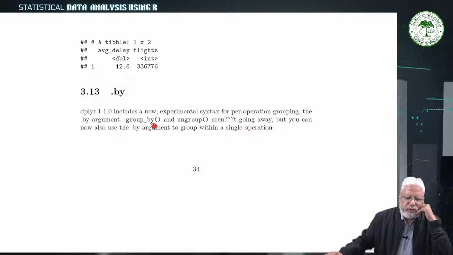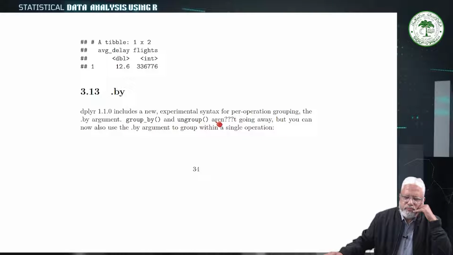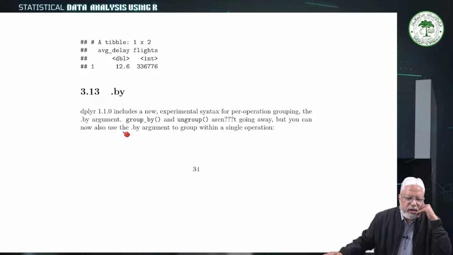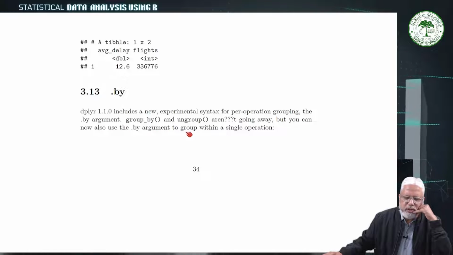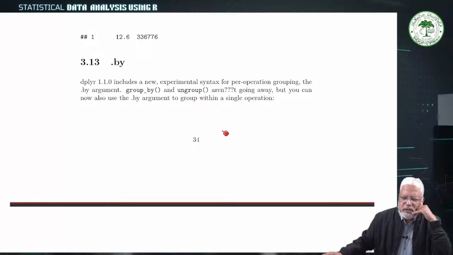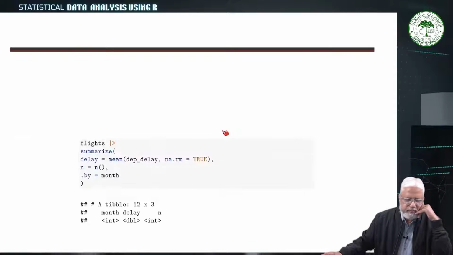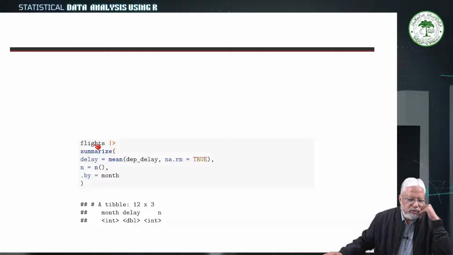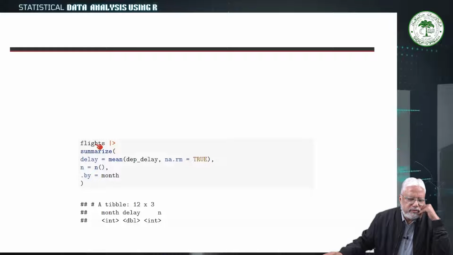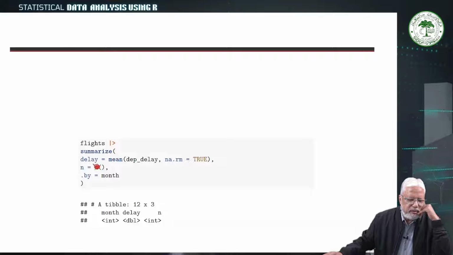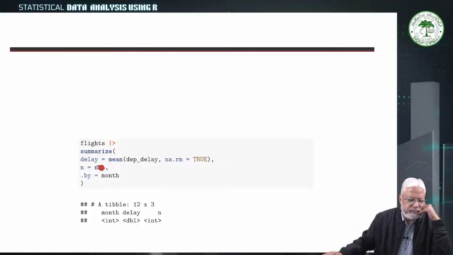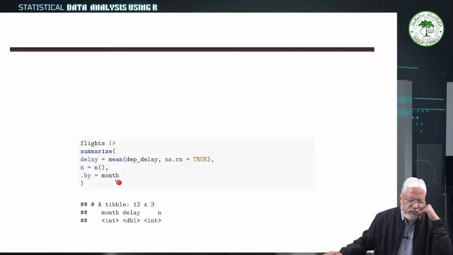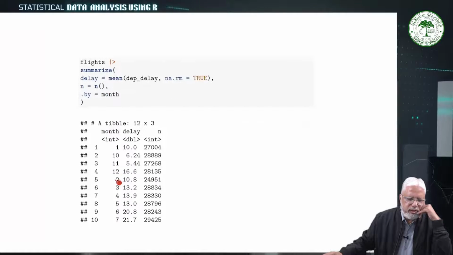The group by and ungroup are going away, but you can now also use the dot by argument to group within a single operation. So here this is flights, summarize, delay is equal to mean, n is equal to n, dot by is equal to month. So it will give the month-wise summary.